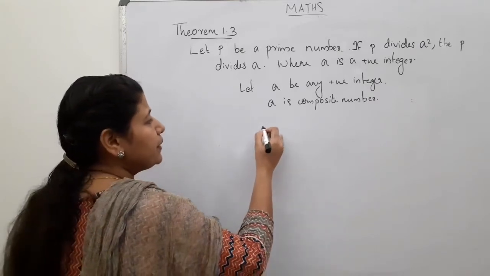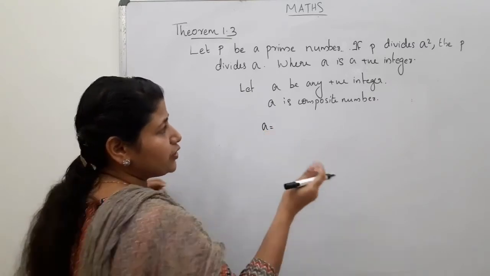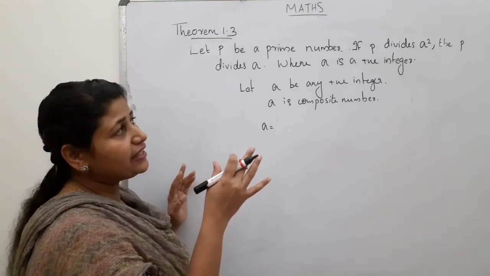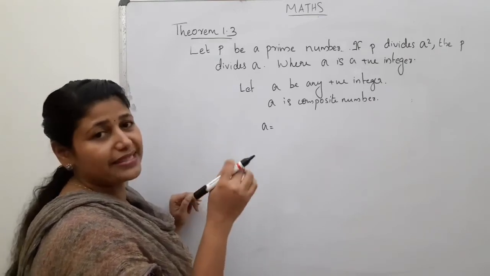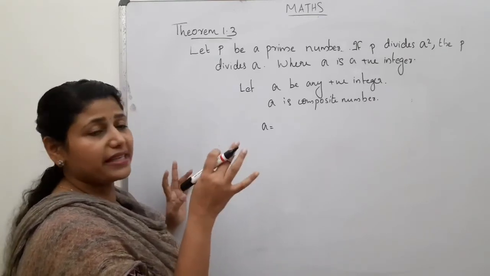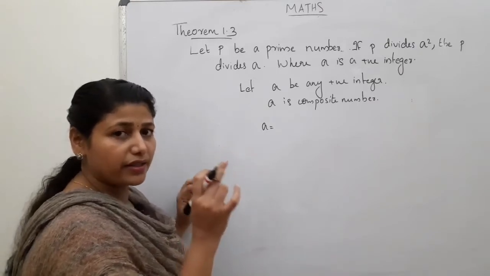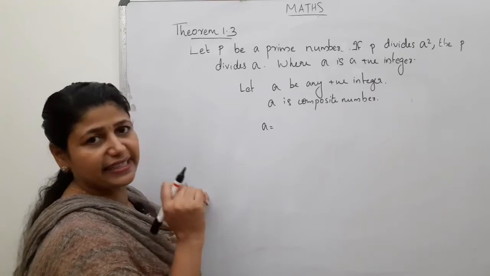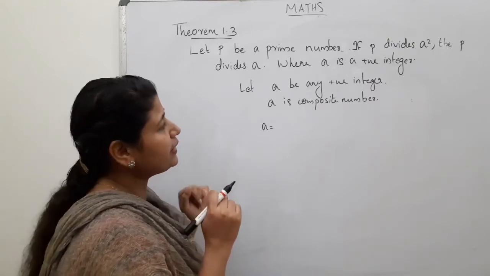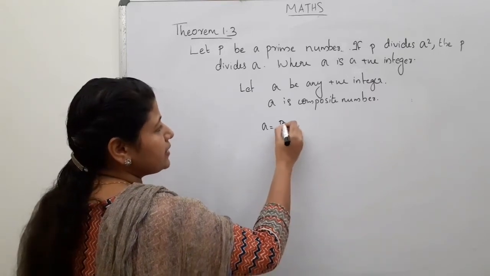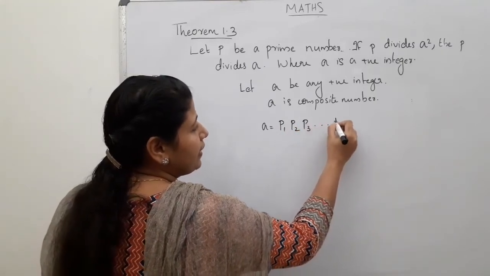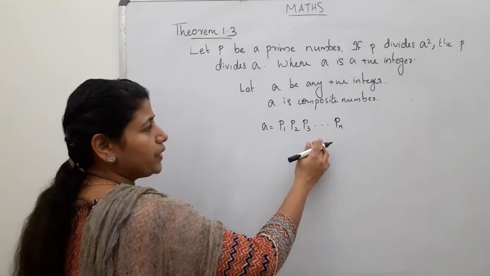So a can be written as a product of prime numbers. We have already studied in the fundamental theorem of arithmetic that every number can be written as a product of primes, and which is unique. So a can be written as p1 p2 p3 etc. pn.